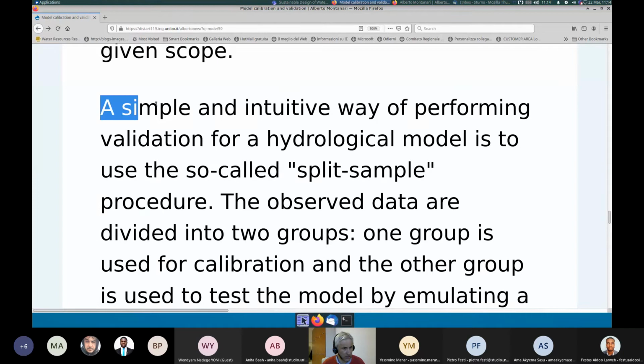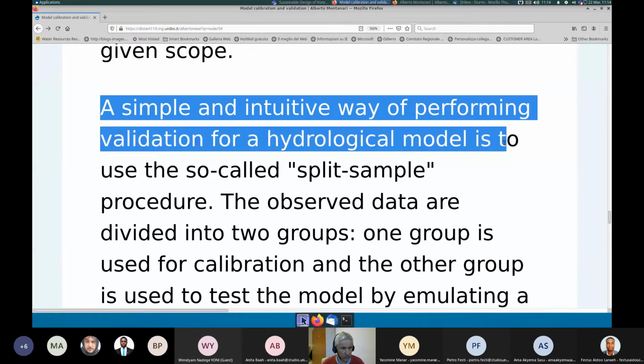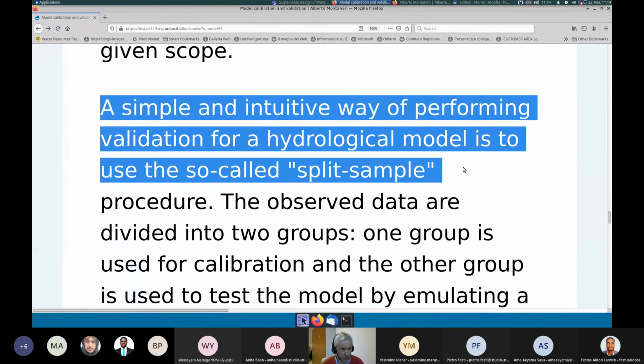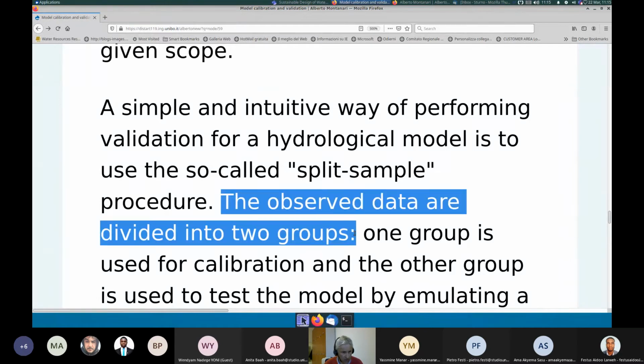A simple and intuitive way of performing validation for a hydrological model is to use the so-called split sample procedure. According to this procedure, the observed data are divided into two groups.